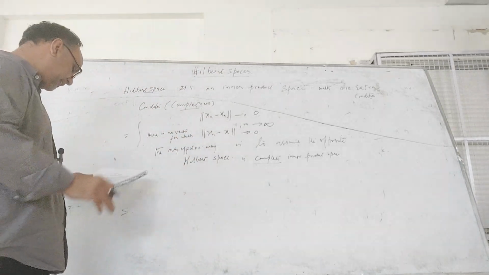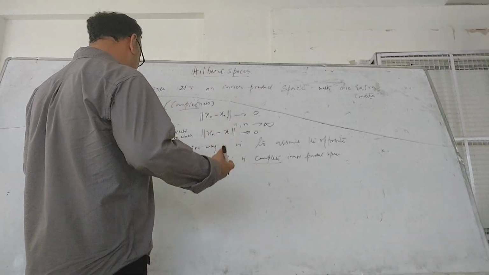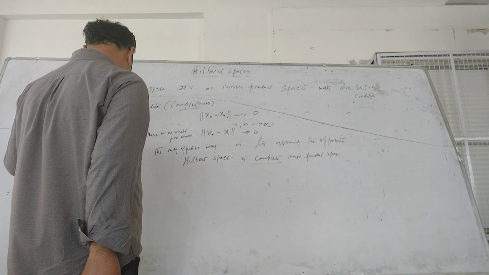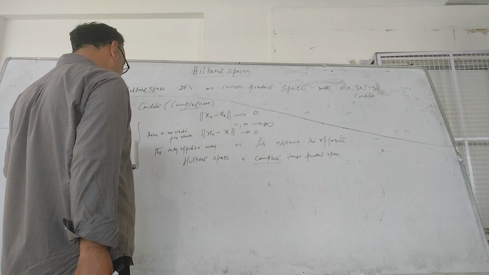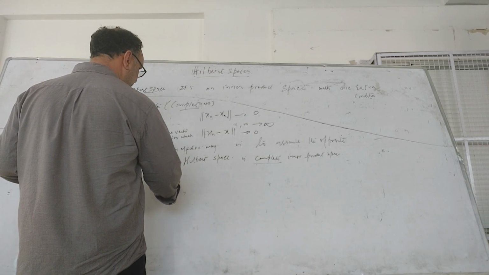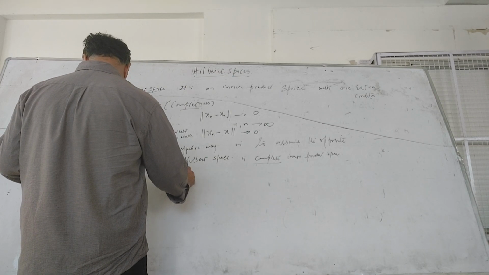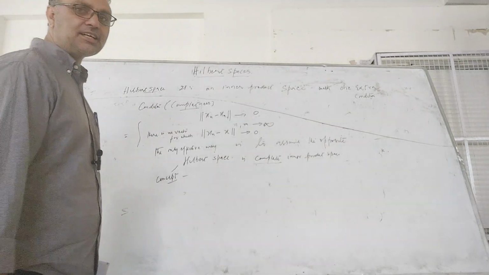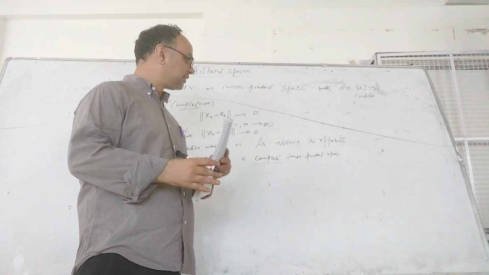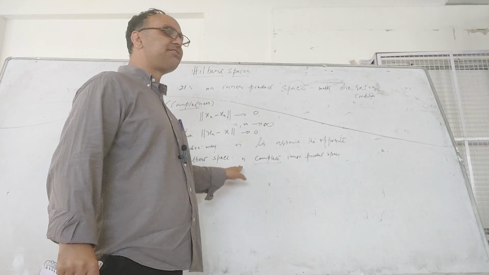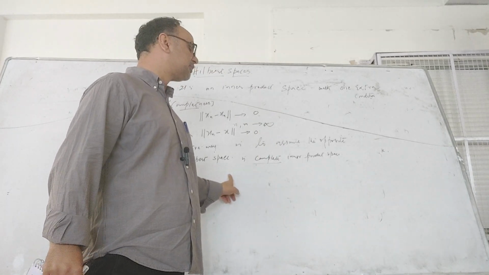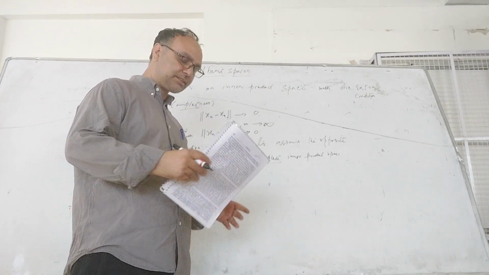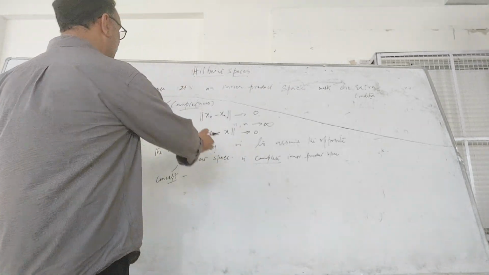So if you assume it is complete to circumvent this problem, we can say that the concept of a Hilbert space needs some additional restrictions if it is an infinite dimensional vector space. The additional condition is that it is complete.